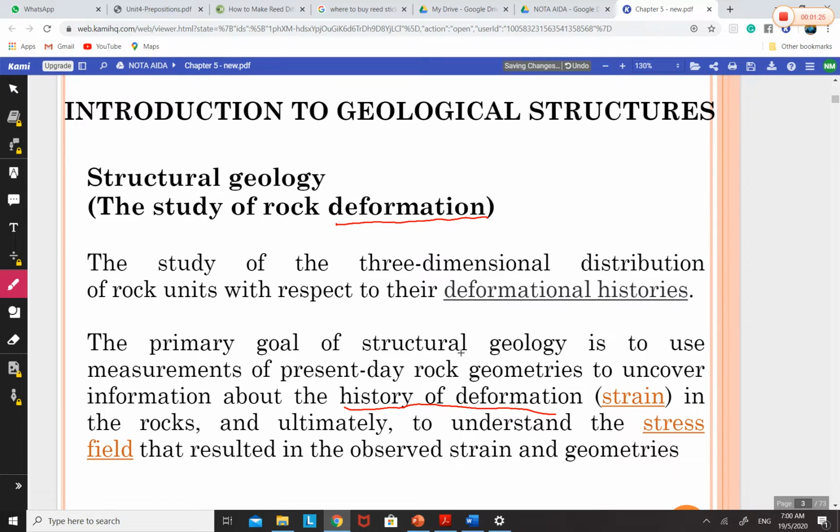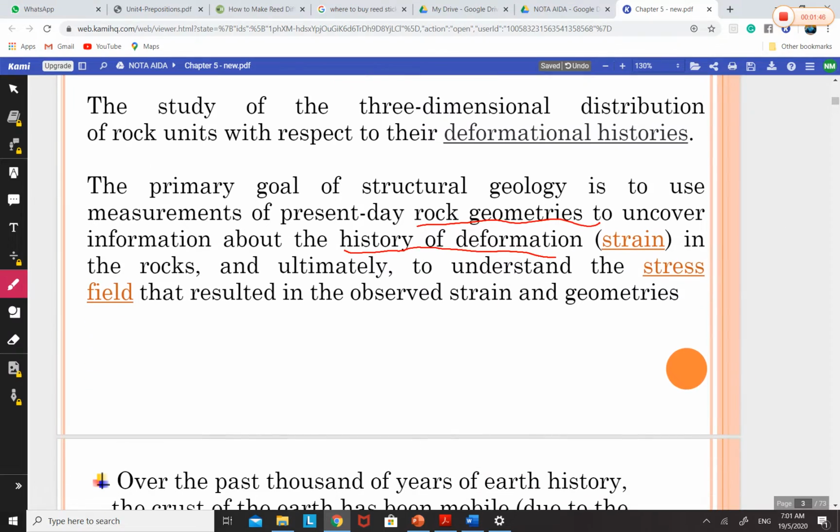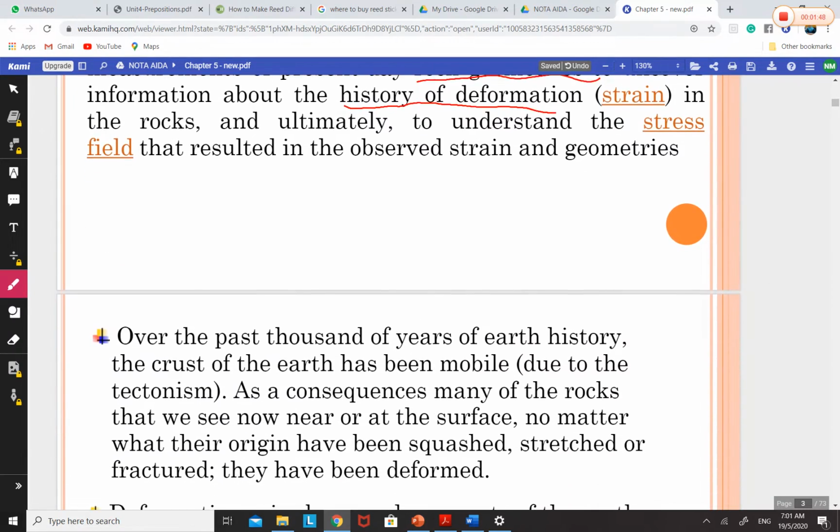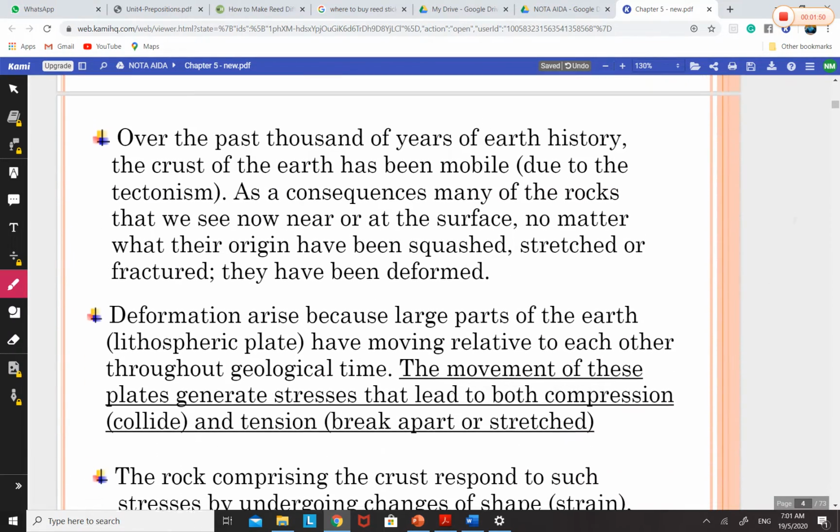It is about studying the events in previous geological activity. We also want to understand the rock geometries, and what makes the rock deform from previous to the present time.